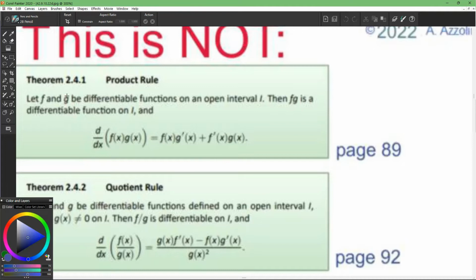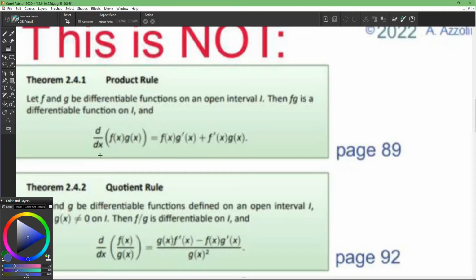Now he says, let f and g be differentiable functions, and I'm going to read to you, then fg is a differentiable function. It really says this is what the words are that match the symbols.